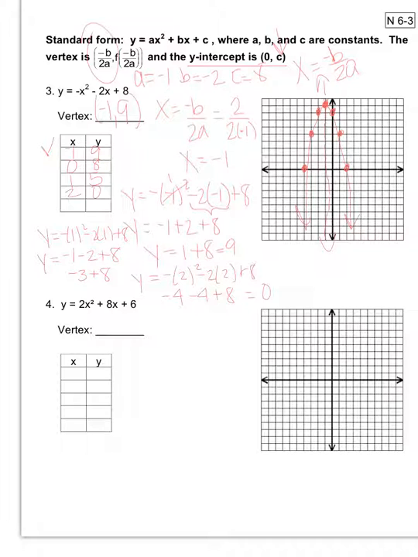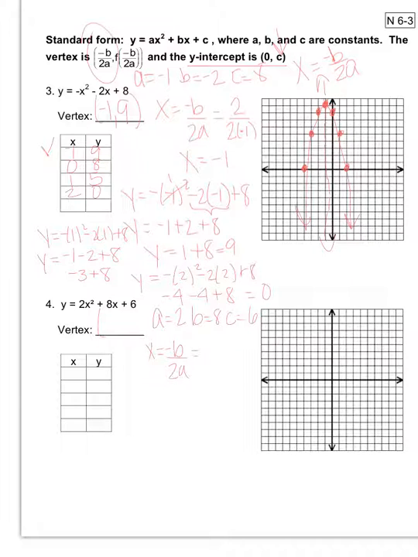Okay, so let's look at this last one. It's number 4. Notice that it's also in standard form. So let's go ahead and find a, b, and c. So our a will equal 2, b will equal 8, and c, remember, which is the y-intercept, is 6. So to find the x value of your vertex, we're plugging into negative b over 2a.